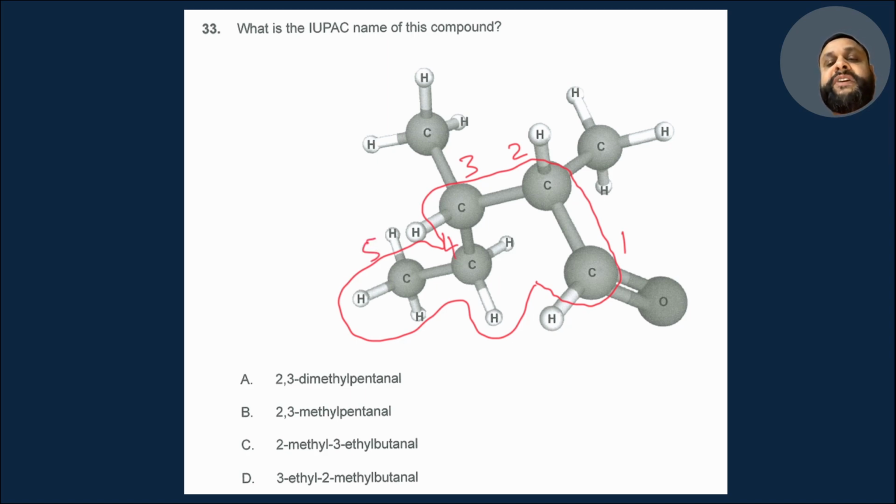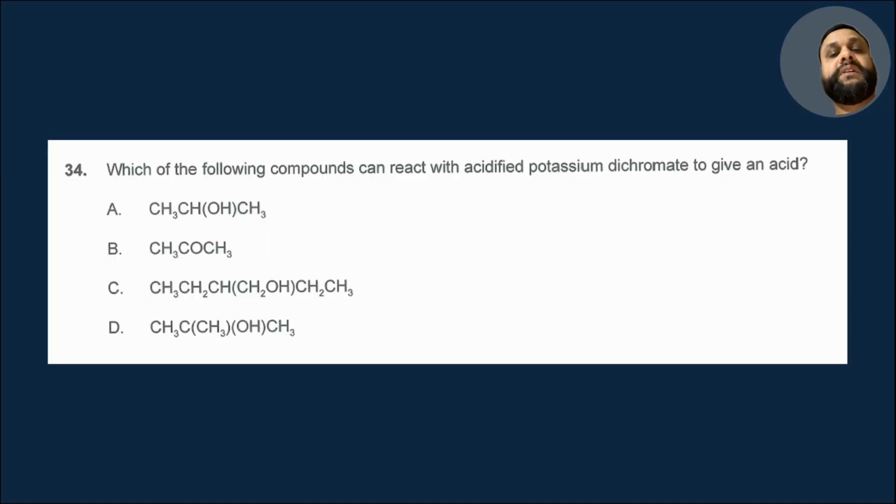At position 2 we have methyl, and at position 3 we have methyl, and we have aldehyde as a functional group, so the name ends in -al. We can get rid of C and D straight away because they are butanol. That leaves us between A and B. B is not correct because it says 2,3 methyl, but we're looking for 2,3 dimethyl. So A is the correct answer.